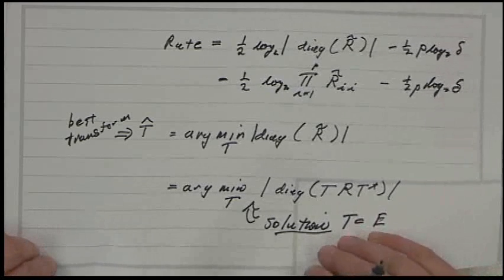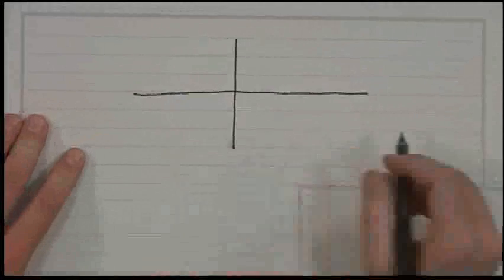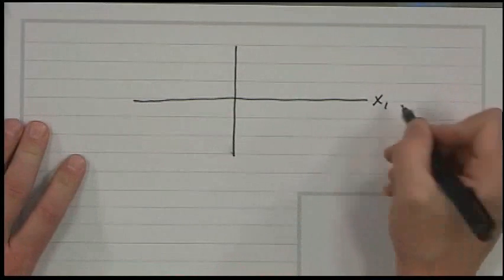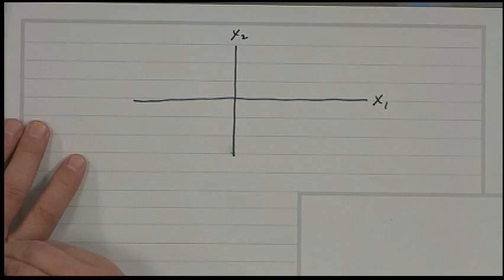Okay, so here's my picture. I just thought of it right now, and it's good. We'll do this in the two-dimensional case. This is x1, x2. So let's take a Gaussian random process.